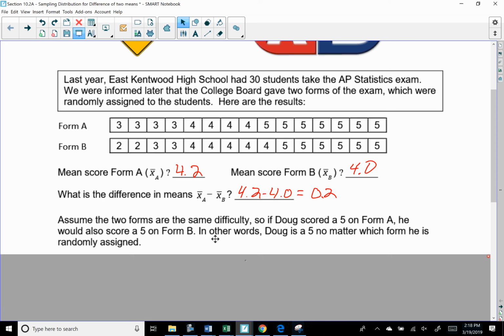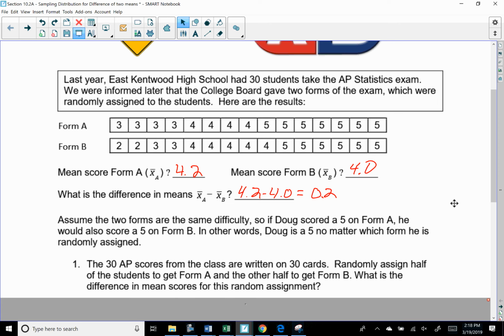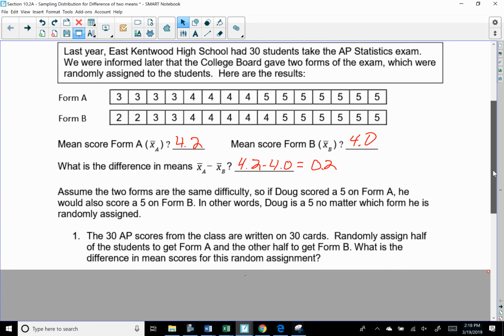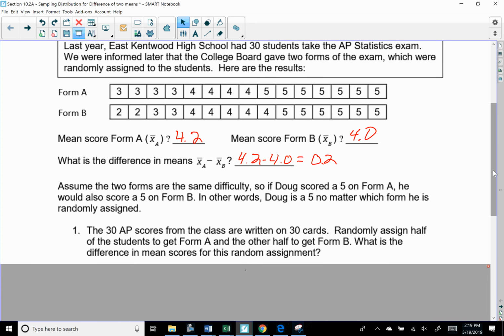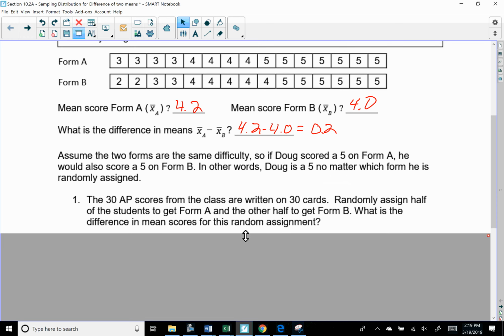With that in mind, we could take these 30 scores, give them to 30 people, and then run a simulation where we randomly assign 15 to what we call Form A and 15 to what we call Form B. And then we could take the differences between pairs of 15.